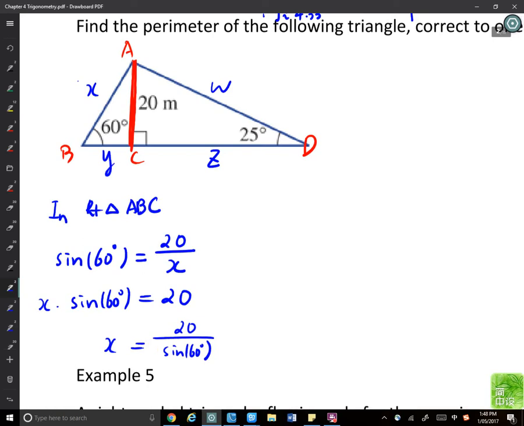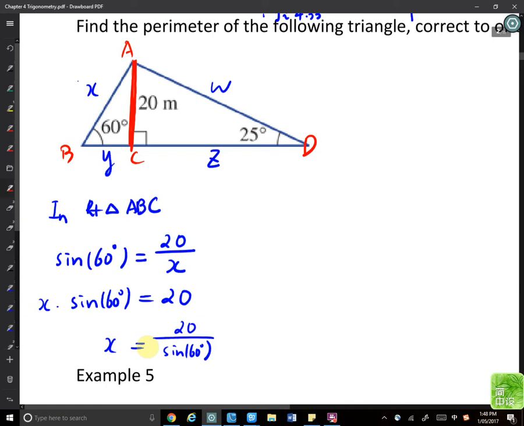Next, if I want to work on my y, then 20 is the opposite and y is the adjacent. Opposite and adjacent will give me tangent.